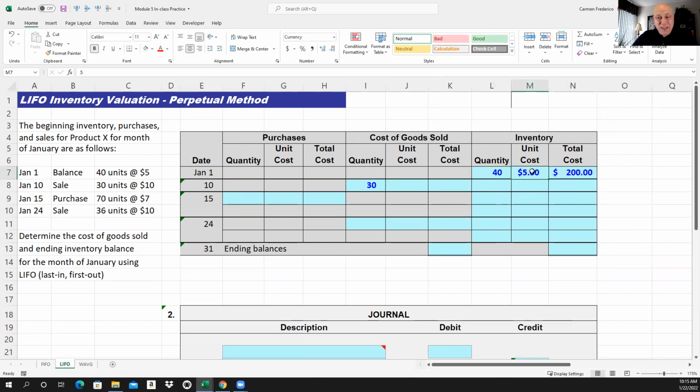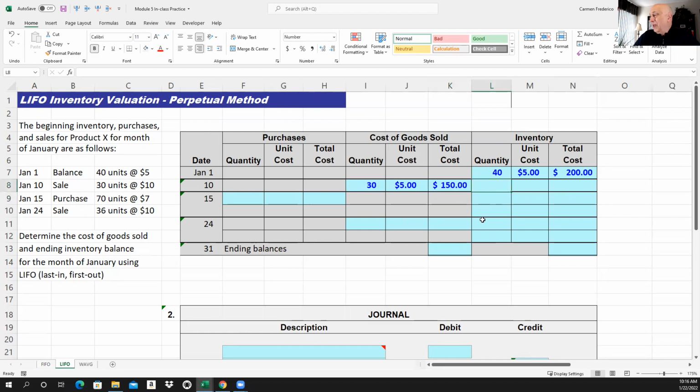So all we can choose is the $5 unit cost. So our cost of goods sold will be the same under LIFO or FIFO because we still only have one layer. If you always had the same cost of your purchases, LIFO and FIFO would be no different. They'd be exactly the same. But because you're buying at different times and different costs, the different costs will create different layers, and that's where LIFO and FIFO will differ.